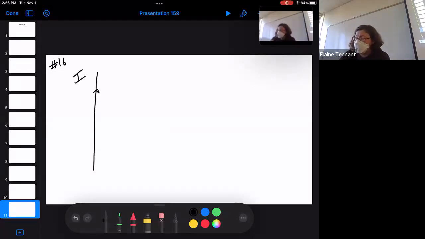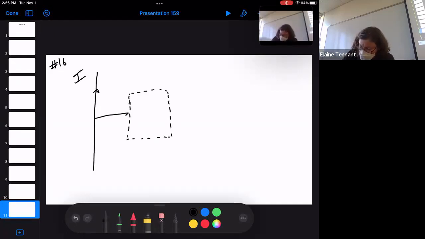Where I have a long straight wire with a current in it, and I have a region of space over here that is a distance c from my wire, and width a, length b.